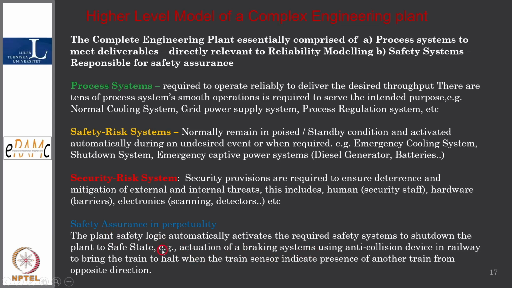Like in a locomotive, there is actuation of the braking system using anti-collision devices in railways to bring it to a halt. If they encounter a signal that a train is on the same track from the opposite side, the subject train itself gets stopped due to the anti-collision system provided on the deck. So they are called safety systems.